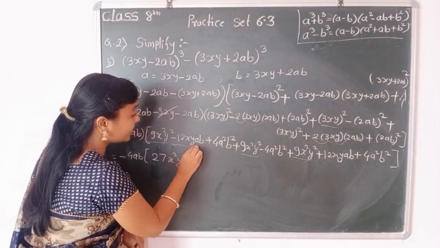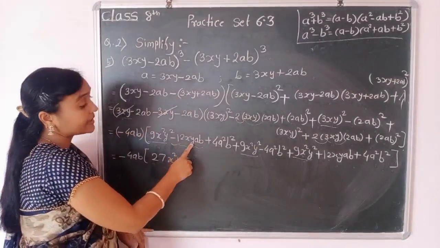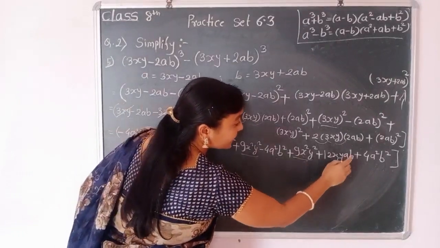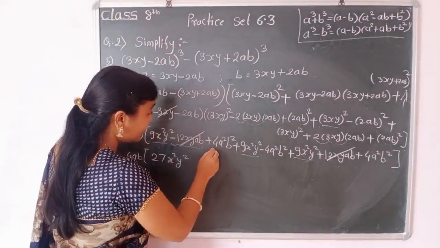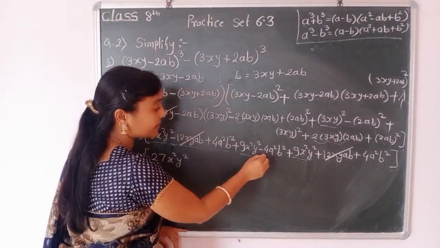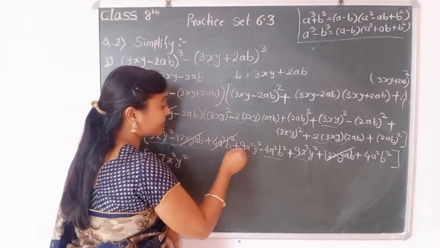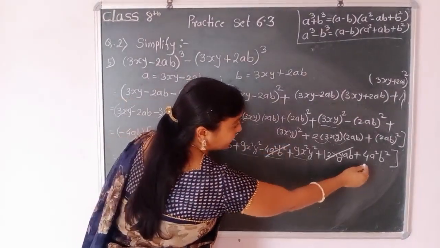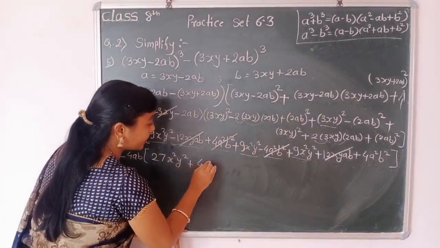Then another variable is xyab: minus 12xyab and plus 12xyab cancel, minus plus cancel. And then a square b square variable: plus minus cancel, this 4a square b square minus 4a square b square cancel, and this is the remaining, only 4a square b square.